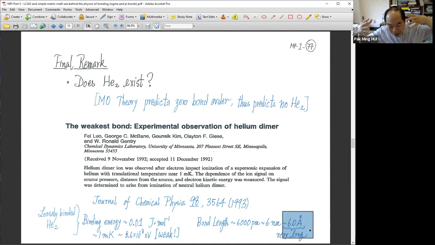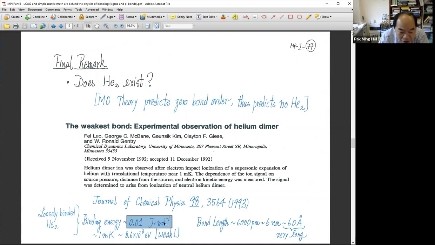Okay, so whether you take it as bound or unbound, I think is arguable. The binding energy, how much was gained for forming this very far away, loosely attracting bond, is just 0.01 joule per mole.